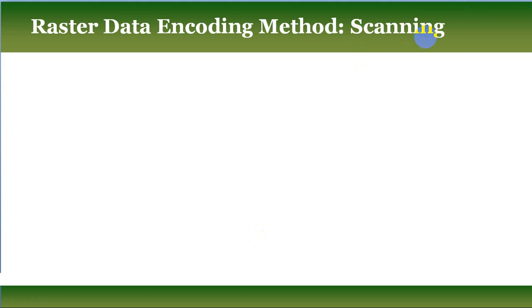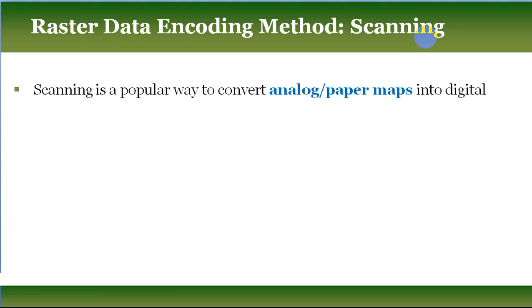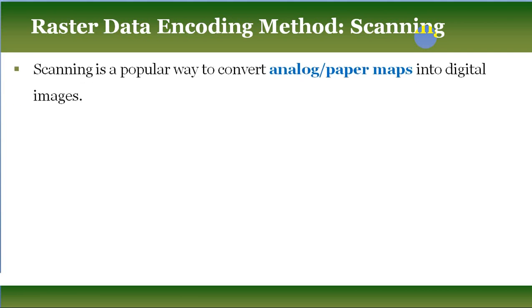With the help of a scanner, this input device, you can convert any analog or paper map into the digital map. And the digital map that you will get is nothing but raster data. So scanning is a very popular way to convert a paper map into a digital image.